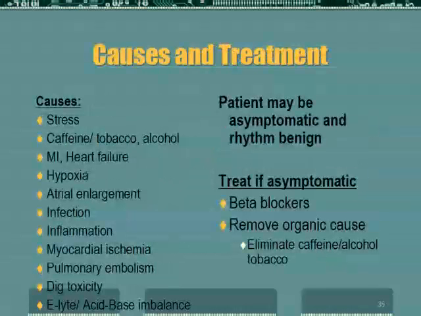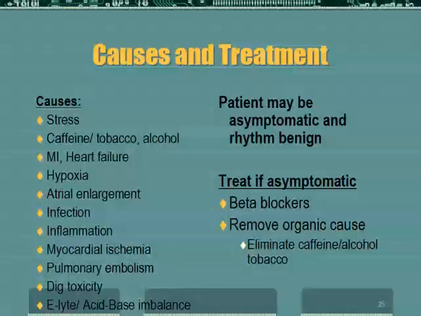Sometimes you'll see it with patients under a lot of stress or that have had a lot of caffeine and tobacco on board. Sometimes you'll see it with patients that are post-MI or heart failure, that type of thing. And other causes are listed there for you: atrial enlargement, infection, inflammation of the heart, ischemia, pulmonary embolism, and those types of things. Like I said, if that patient's asymptomatic, we don't really worry about it too much.